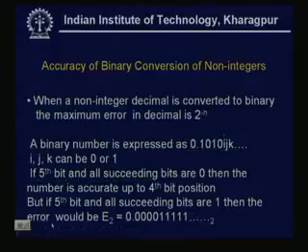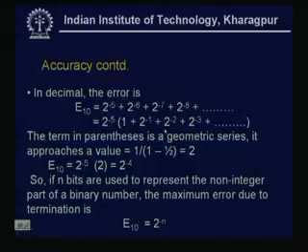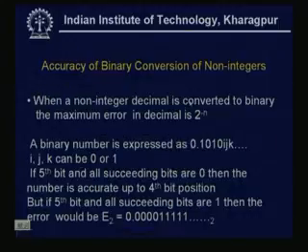Now, we see how we have approximated this. In decimal the error is E10. How it is coming is 2 to the power minus 5, 2 to the power minus 6, 2 to the power minus 7 plus 2 to the power minus 8. We see the previous slide again.